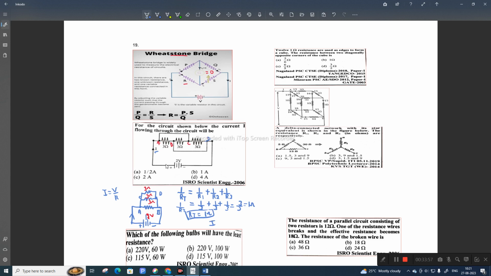Then I is equal to V by R. So 12 volt by R, which is 3... 4 is the answer. So where is the 4 amps? D is the 4. D is the right answer.